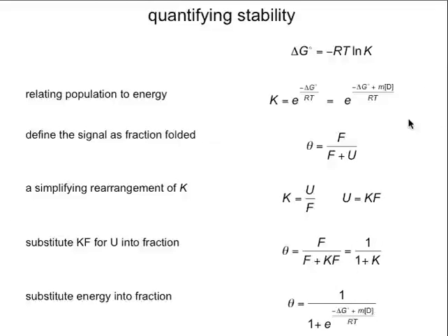So we just plug this expression here, the free energy of unfolding and the denaturant dependence of that change, back into our expression of 1 over 1 plus K, and we are able to use nonlinear regression methods to fit that signal. Remember, this theta is just spots on a page. Now we can fit it according to this model.